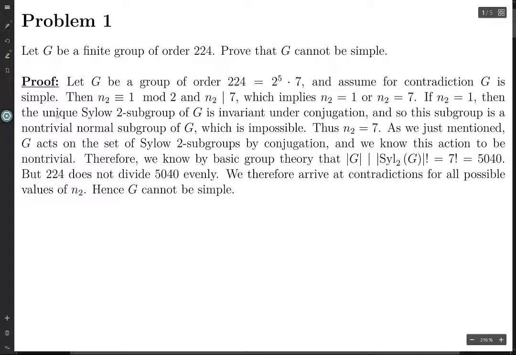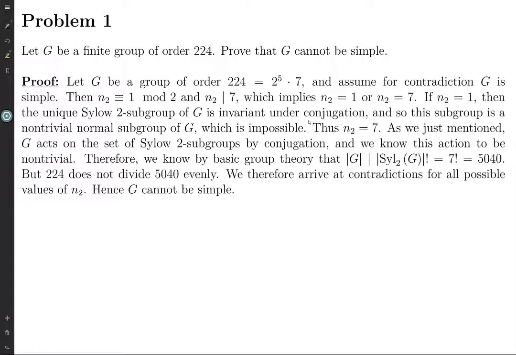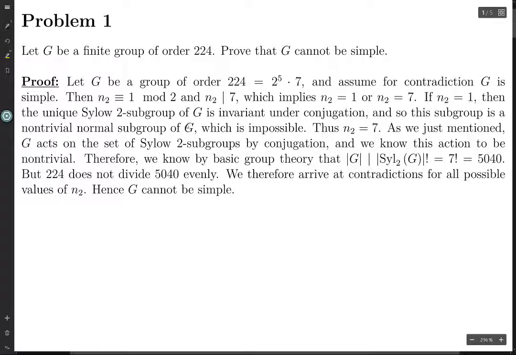Now if it were 1, then by the typical argument that we do for these types of problems, the set of Sylow 2-subgroups is invariant under conjugation and G acts transitively on this set. Because there's only one Sylow 2-subgroup, for every element g of G, g times that subgroup times g inverse will be that subgroup, which means that conjugating this subgroup by any element of G fixes it.